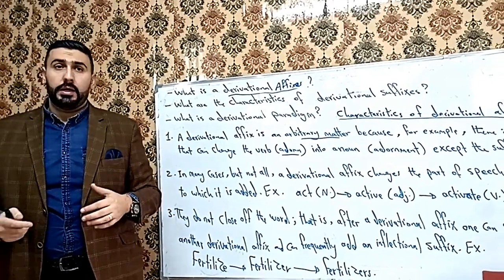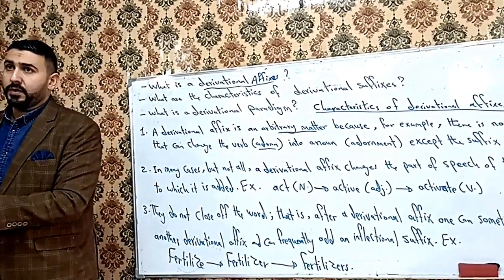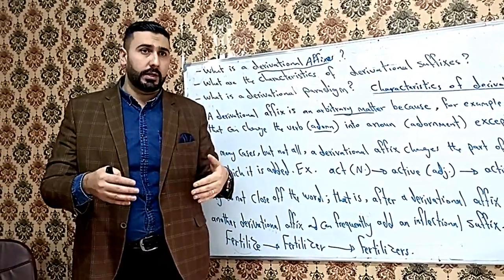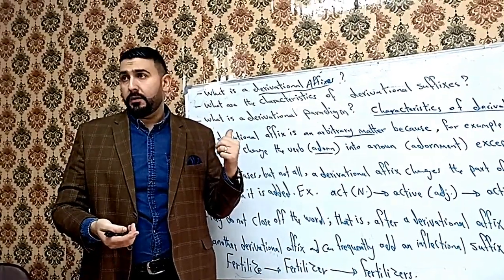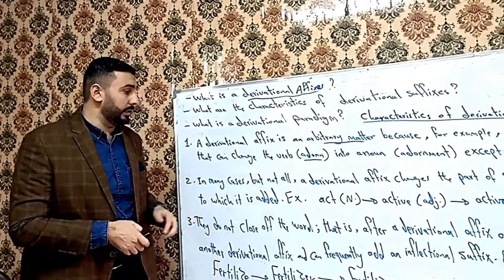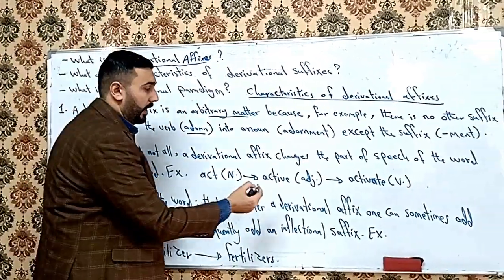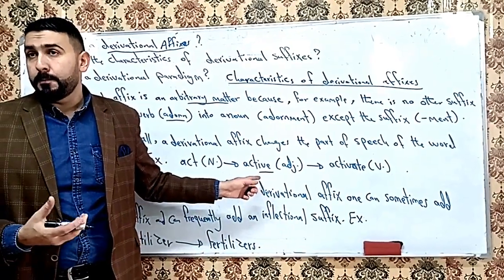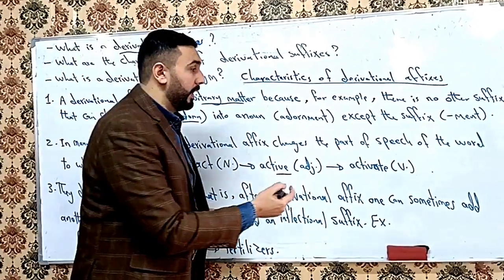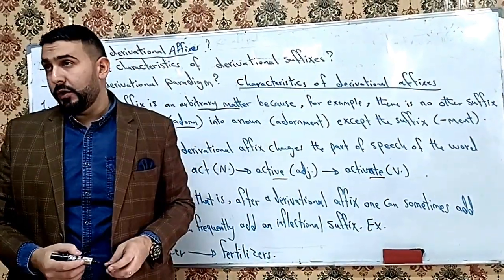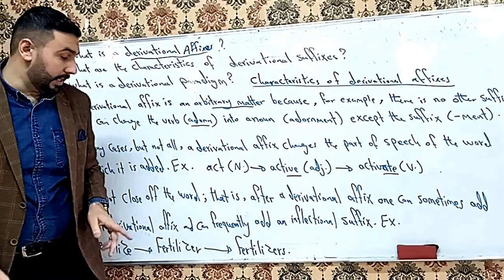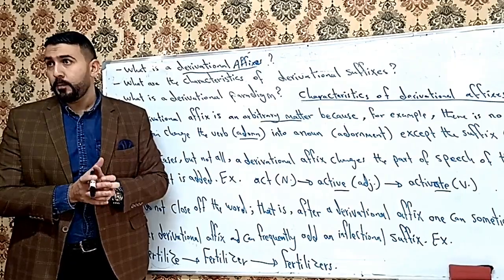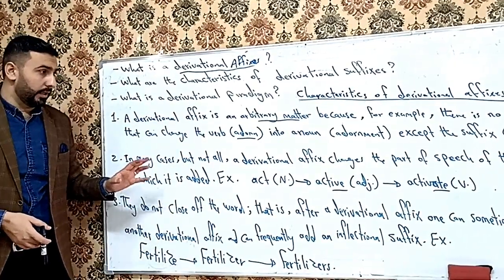You see? يعني فقط inflectional suffixes end up the word or close up the word. فقط الإضافات التصريفية تقفل لنا الكلمة، ما ممكن أن نضيف بعدها. أما الإضافات الاشتقاقية لا، هنا عندنا الأكت هي نون، ضفنا لها IVE صارت أكتف، إضافة اشتقاقية يعني derivational suffix، رجعنا ضفنا لها ATE حولناها إلى verb، تلاحظون؟ إذا they do not close off the word، يعني IVE ما قفلت الكلمة. واضح؟ They do not close off the word.